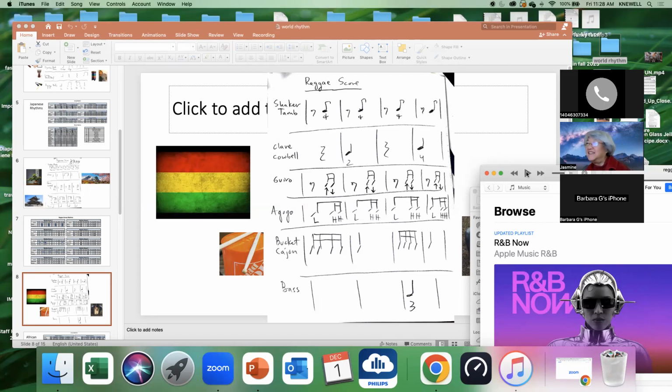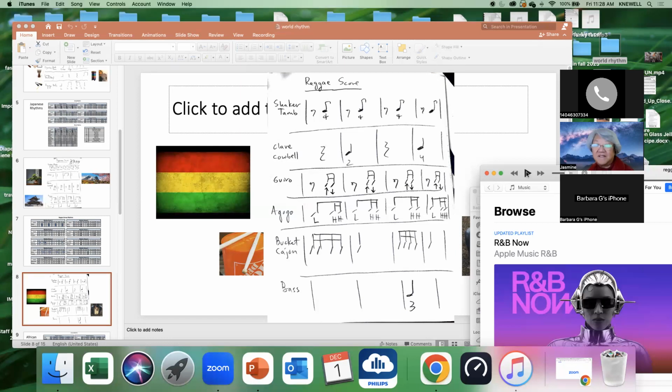And then our last instrument, we have some kind of bass on 3. So really not anything too terrible. Just rest, rest, play, rest, rest, rest, play, rest.